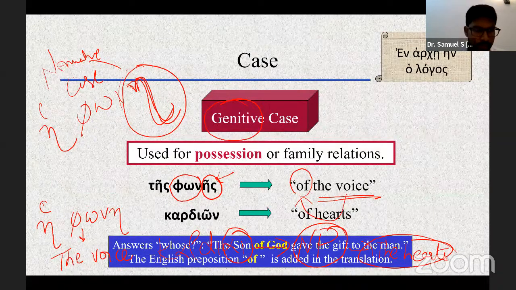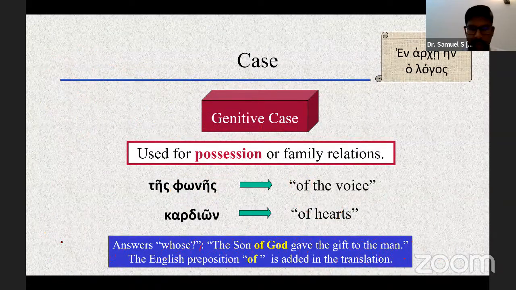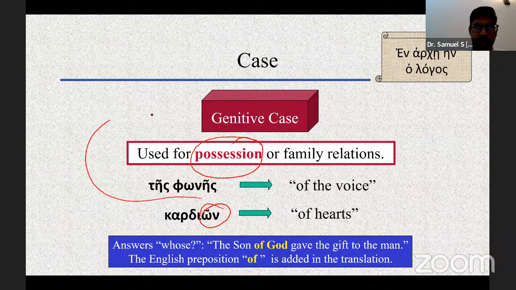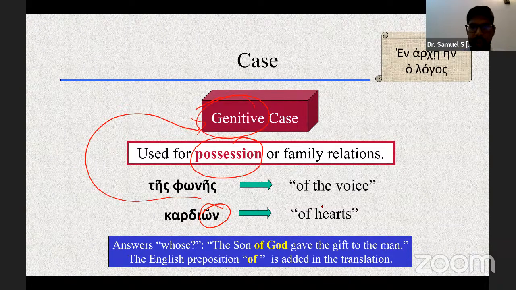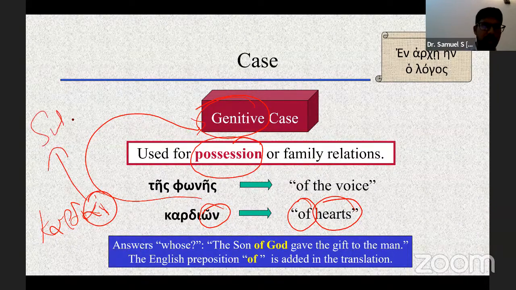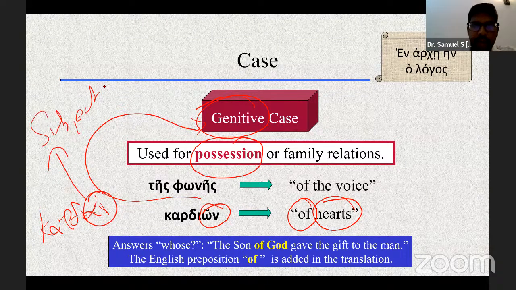But here, the own ending is communicating possession, the genitive case, of hearts. Whereas cardii, the I ending, communicated subject, the hearts. Are you noticing how the endings are communicating to us what the case is?